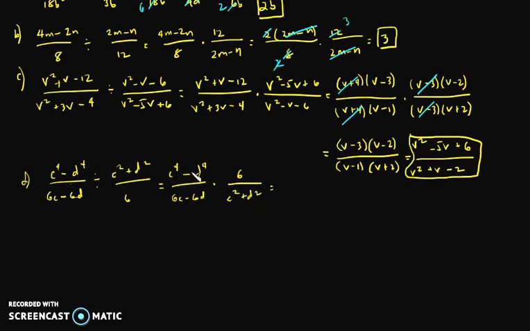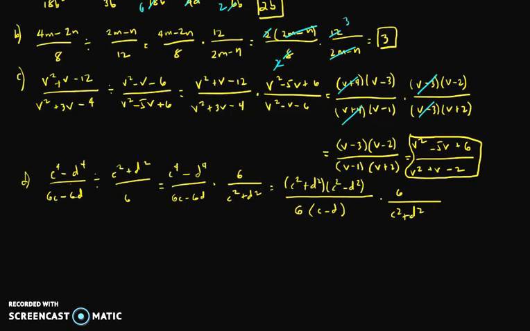So this is a difference of squares, but the values of your x and y are c squared and d squared, so that gives you c squared plus d squared, c squared minus d squared over, the common factor is 6, so 6 times c minus d, multiplied by 6 over, copy the denominator.